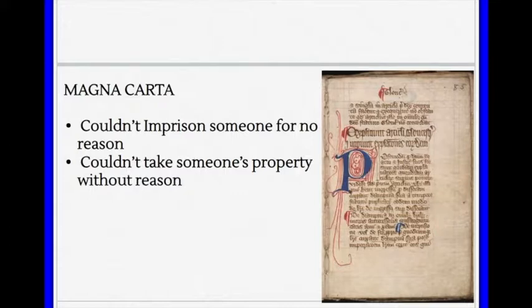The Magna Carta protected people's property, and it guaranteed against abuses of political power, including against the power of the king. The king was subject to the law under the Magna Carta. Under the Magna Carta, you couldn't imprison someone for no reason.